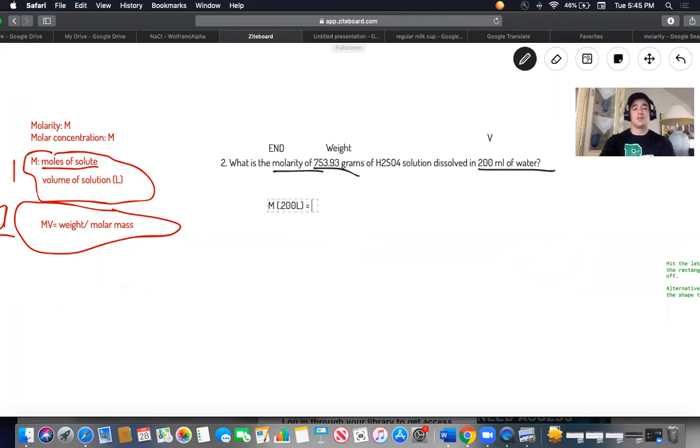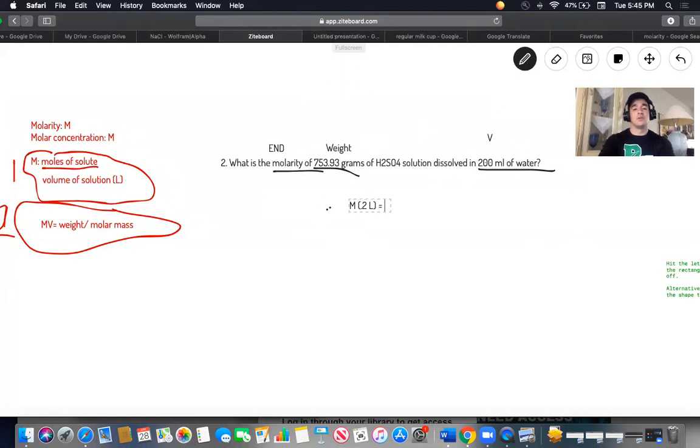And that's going to give me my weight, 753.93 grams. So big M times 0.2 liters. Remember, if it's in milliliters, you have to move the decimal to the left 3 times to get it in liters.